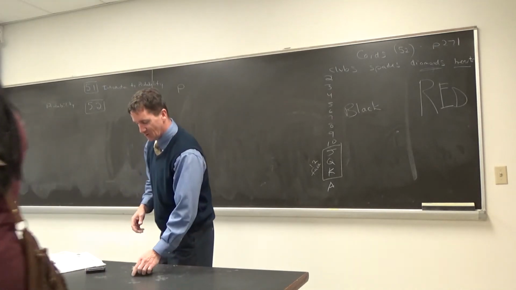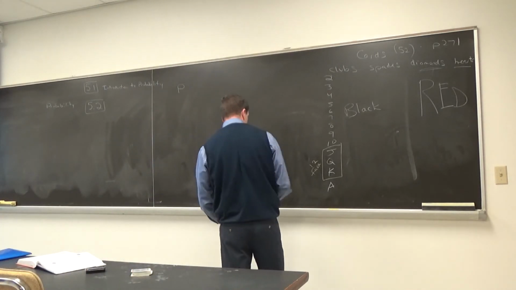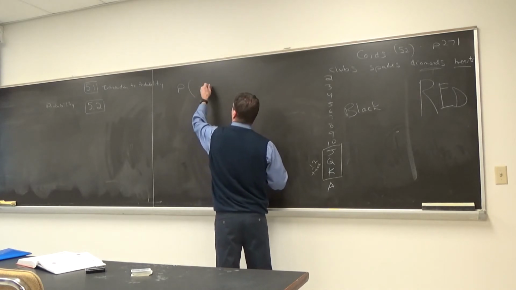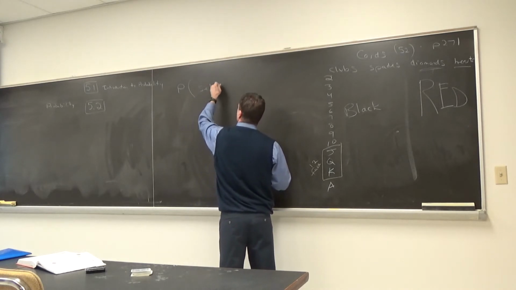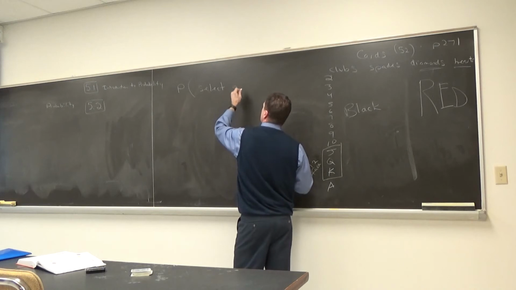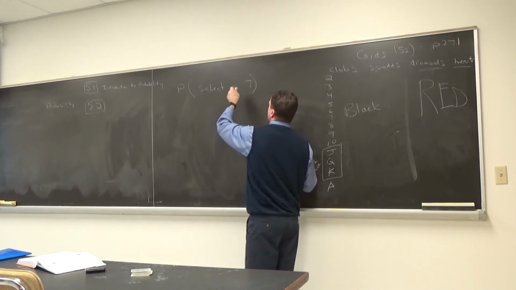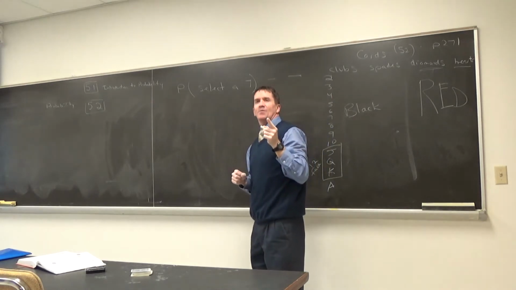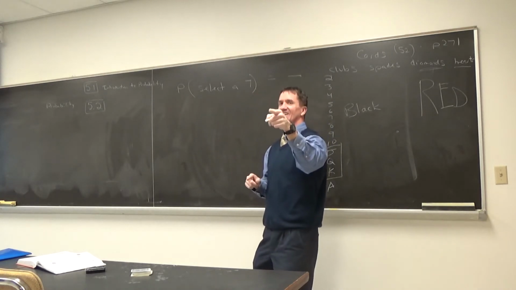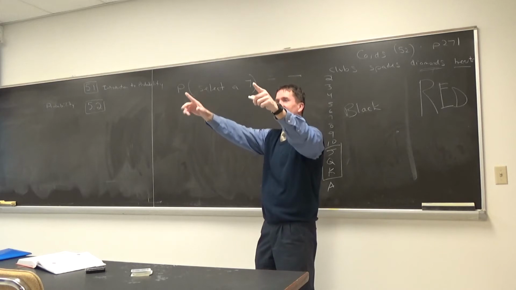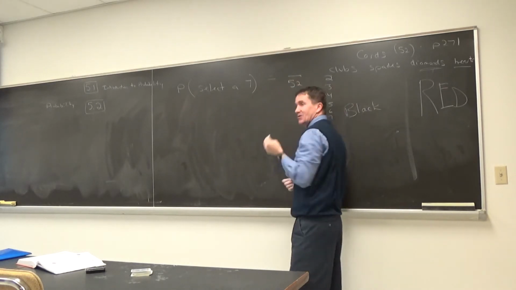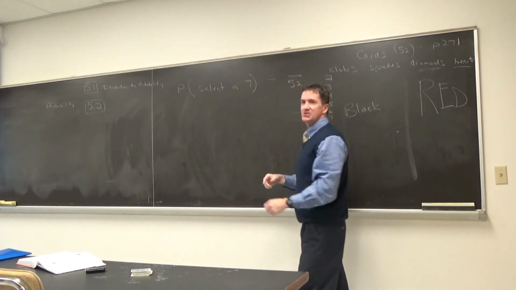The question is, I'm going to select one card. What's the probability I select a 7 from the deck? I can make it a fraction, right? What's the denominator? 52. Very good. Everyone has 52 for the denominator, right? 52 possible outcomes. Now, watch me screw this up.